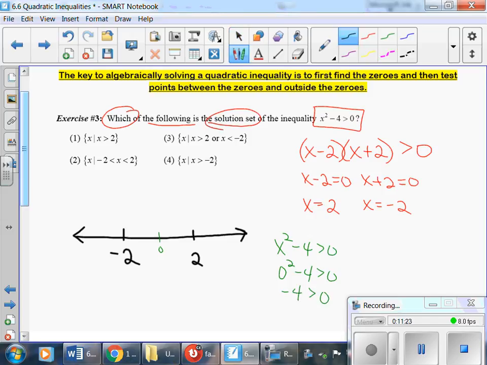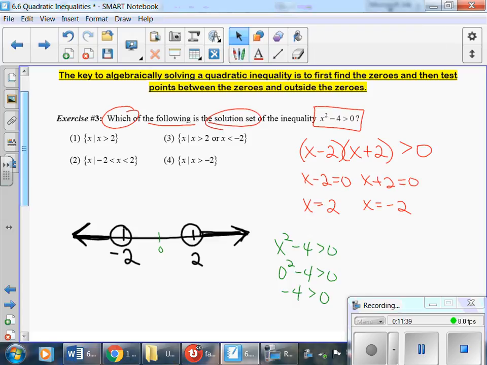Again, because we don't have an equal sign, we're going to have open circles here. And instead of going between them and including the 0, they're going to be going in opposite directions. So that's what my solution set looks like. Now you have to make sense of your number line and your answers. Choice 1 says x such that x is greater than 2. Well, that's part of it, but it's not all of it, so let's get rid of that.